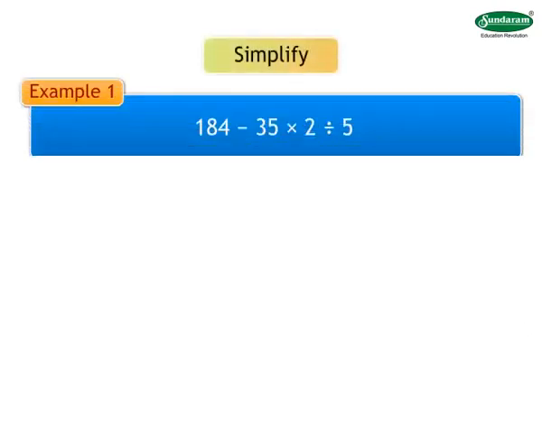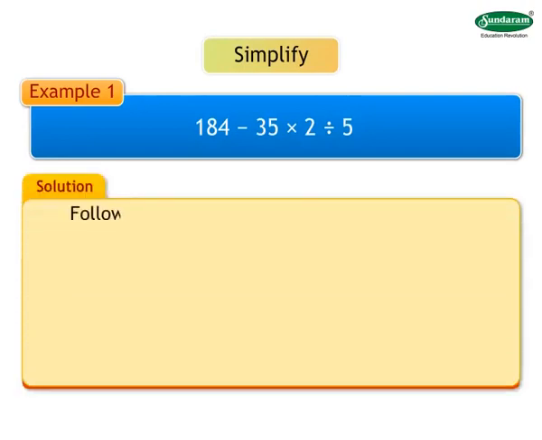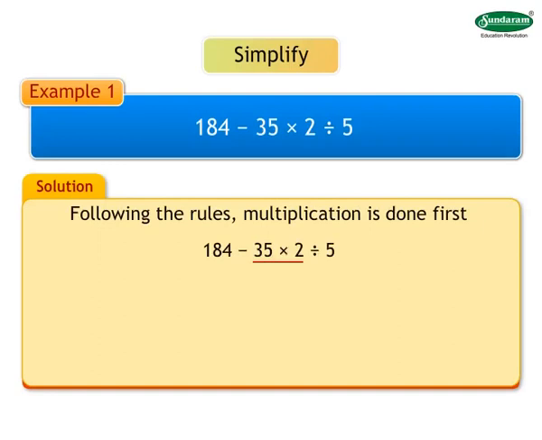Simplify example 1. 184 minus 35 into 2 divided by 5. Solution. Following the rules, multiplication is done first. 184 minus 35 into 2 divided by 5 equals 184 minus 70 divided by 5.